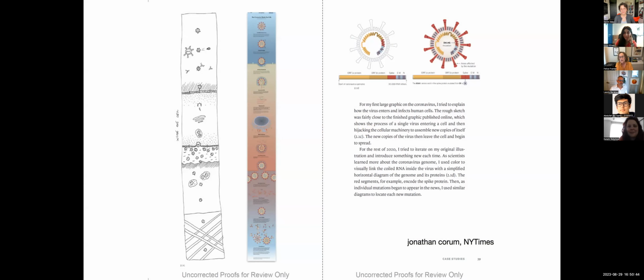So in this new book, this is one of the copyrighted problems that I'm showing now. Jonathan is an extraordinary illustrator at the New York Times. And what we've done in this new book is a case study of how he went from one step to another to show COVID infection.